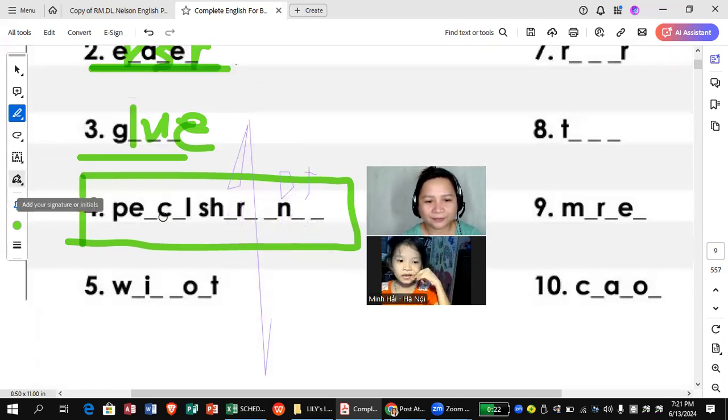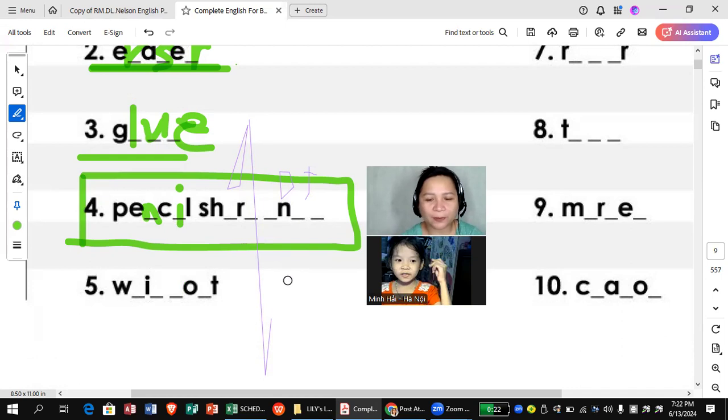So P, E. What's next? P, E, N, C. What's next? I, L, and then sharpener.